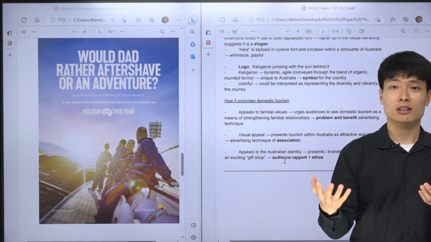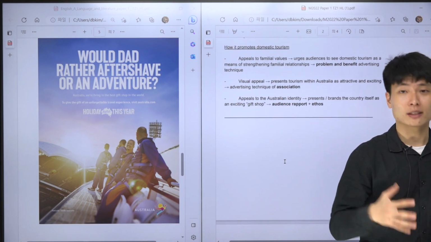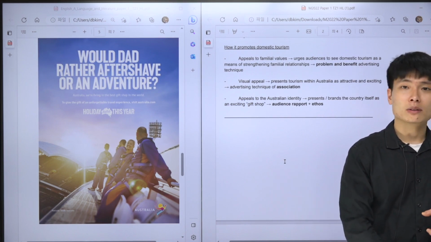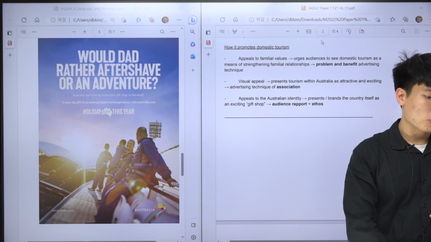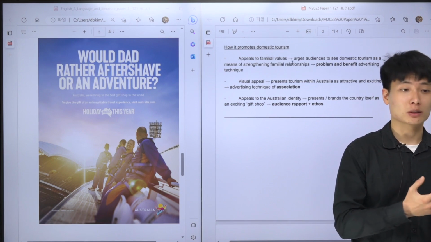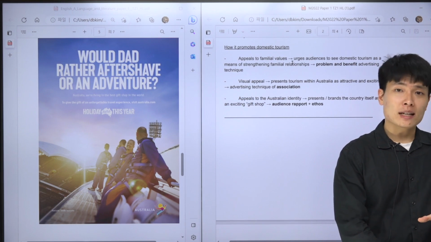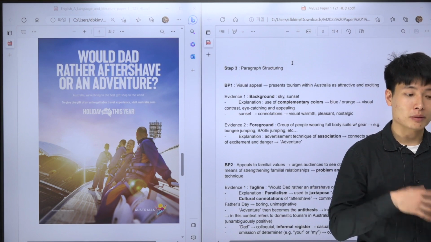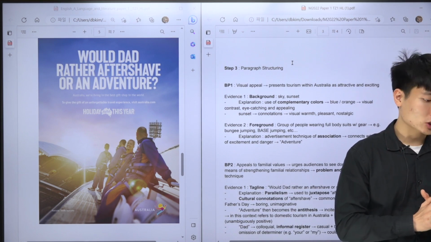Hey, and let me tell you, our country has a lot of good things going for it. Have a look. So this is how I would organize the three major methods through which this advertisement promotes domestic tourism. So with that, I will now move on to the third step of the paper one process, paragraph structuring.